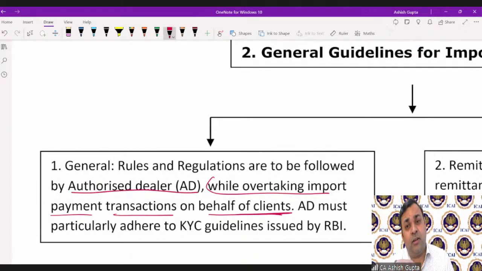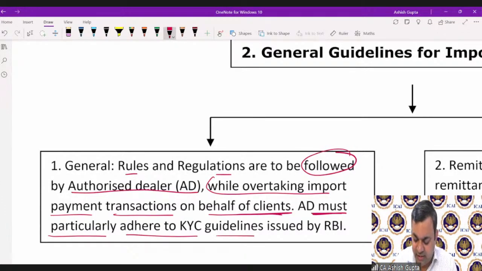So the law casts responsibility on the authorized person. When you are going to make the payment for such import, you need to remember the rules. The rules and regulations are to be followed by the AP. The authorized dealer must particularly adhere to the KYC guidelines issued by the RBI. Accordingly, you need to follow.